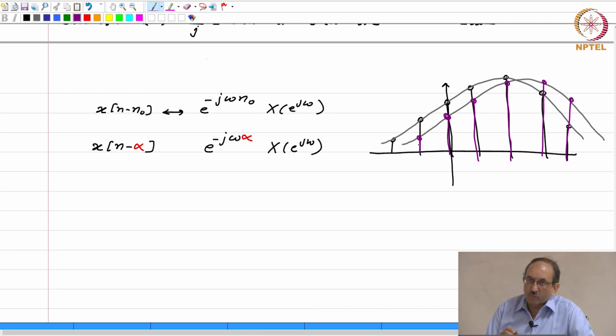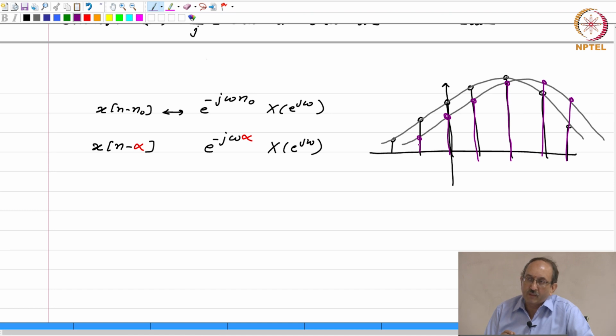You can think of the new samples as being exactly at the same locations as the old, except that in your mind you have taken the original underlying continuous time signal and shifted it by an amount that is not necessarily an integer multiple of the sampling period.